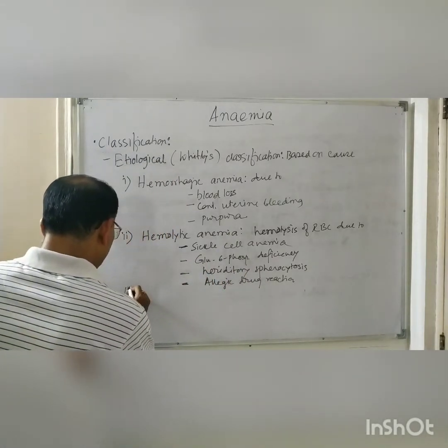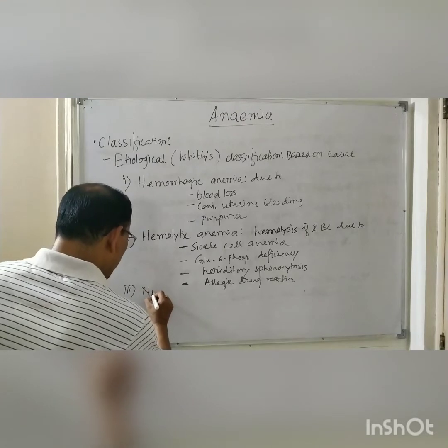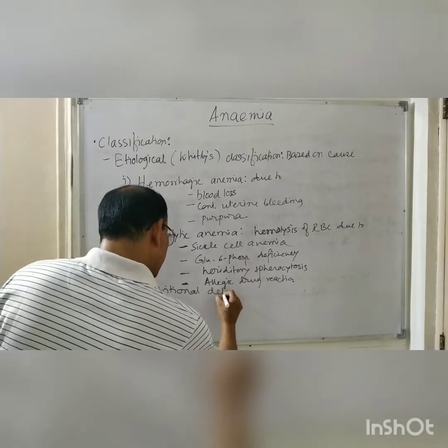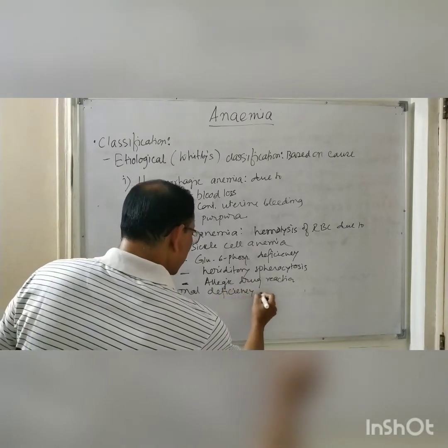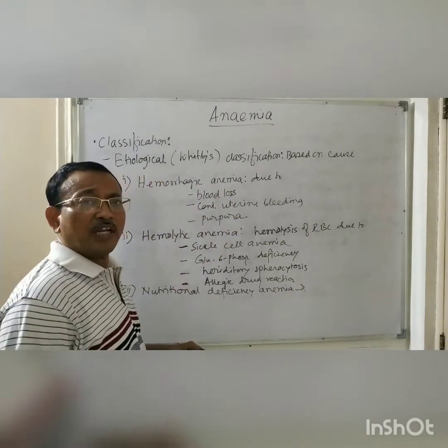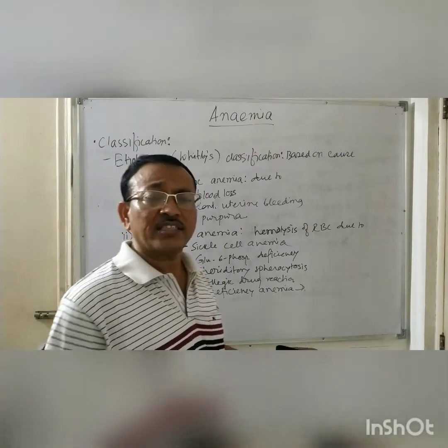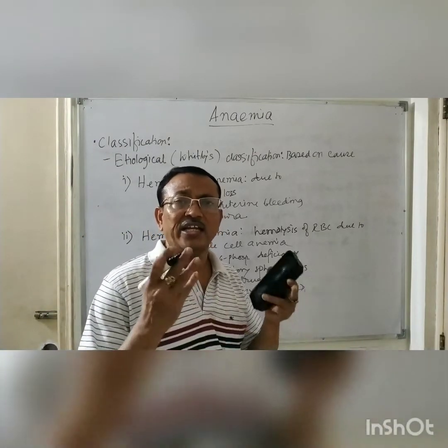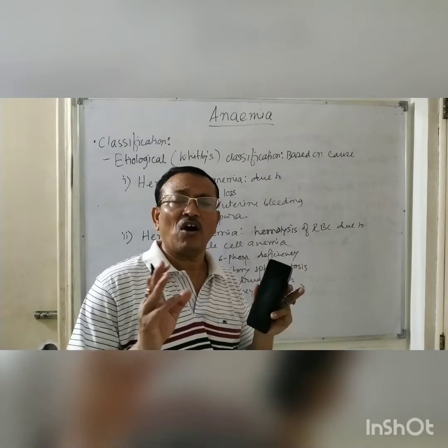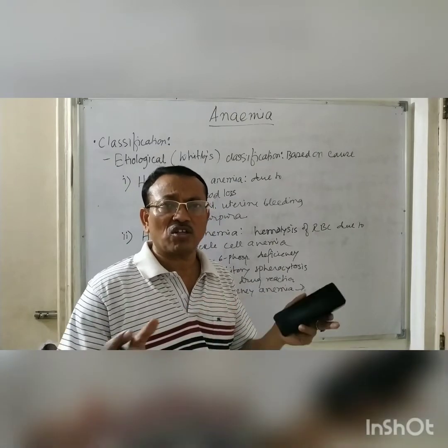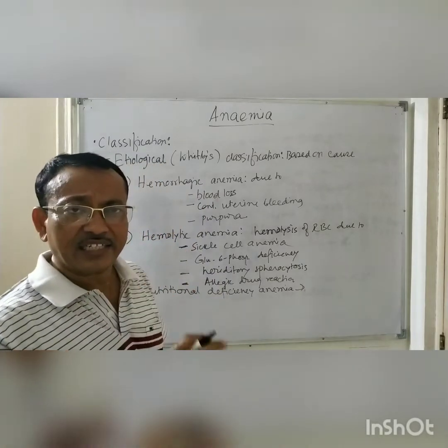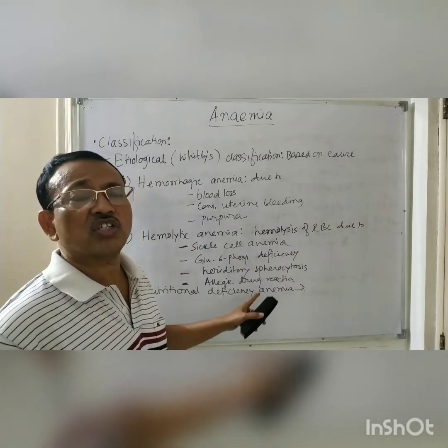The third type of anemia is known as nutritional deficiency anemia. If the anemia is due to deficiency of nutrients, and those nutrients can be proteins, iron, vitamin B12 or folic acid. Because of deficiency of any of these dietary factors, if anemia results, that anemia is known as nutritional deficiency anemia.